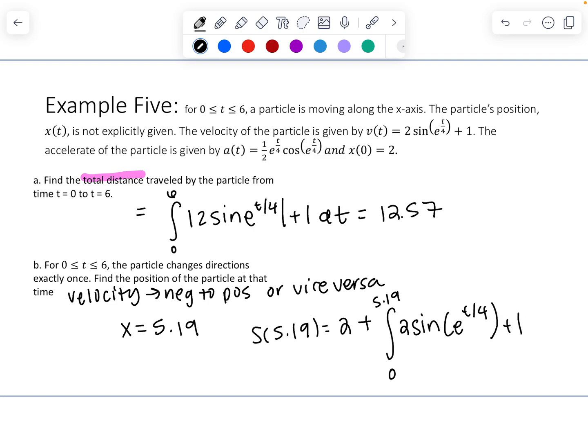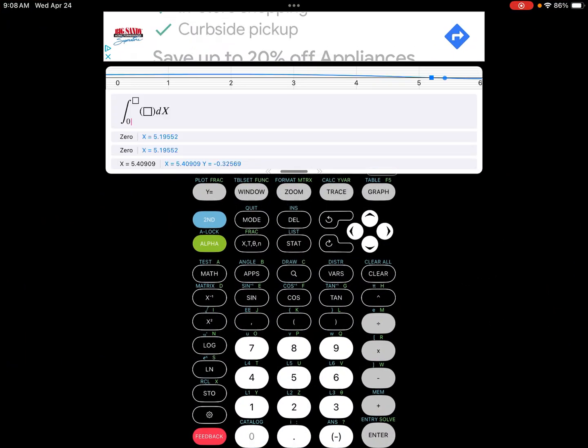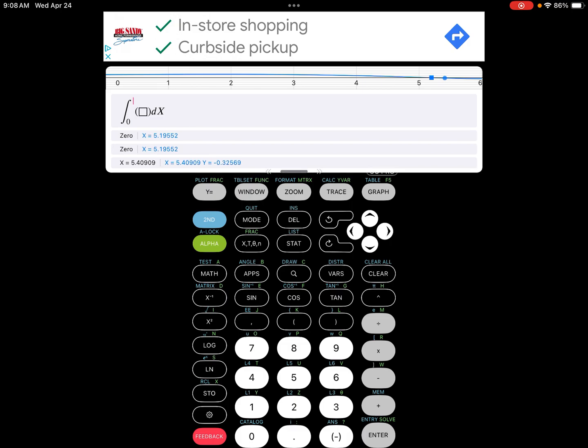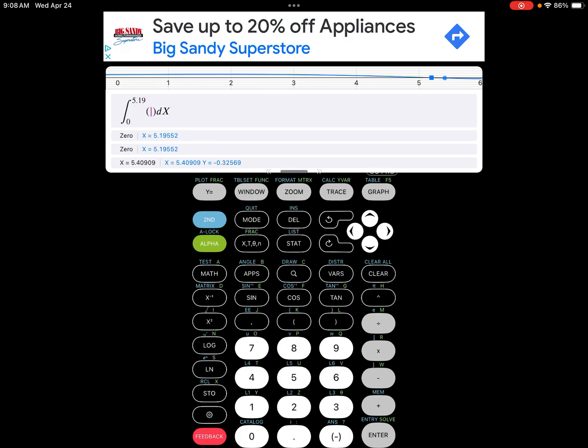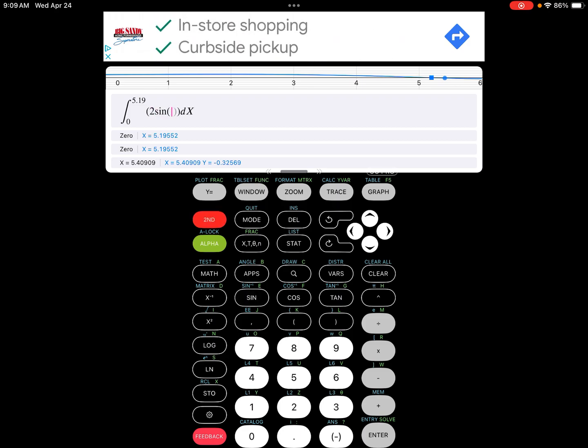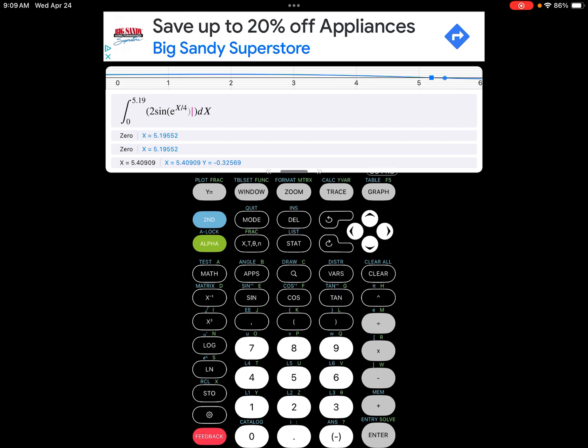So then I will again go back to calculate. I'll press math 9. I'll go 0, 5.19 or 5.20, just do something close to it. It's not going to be exactly the right answer because we have to round. 2 sine e to the x divided by 4 plus 1.